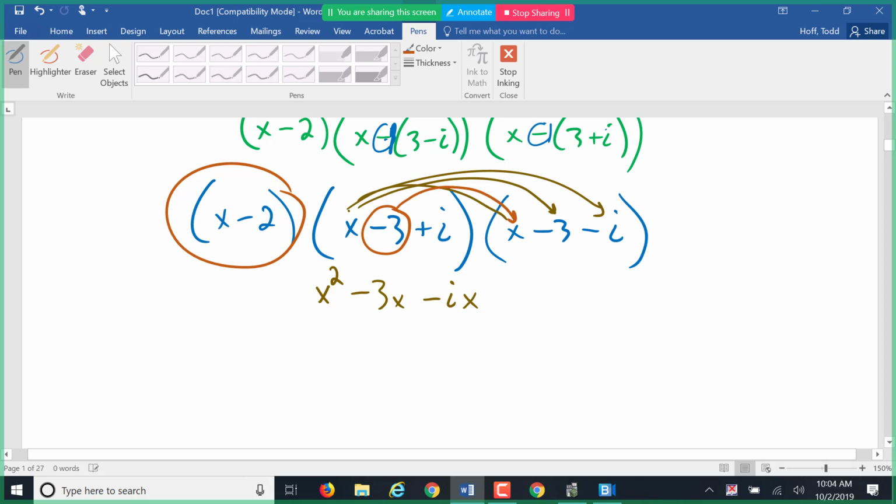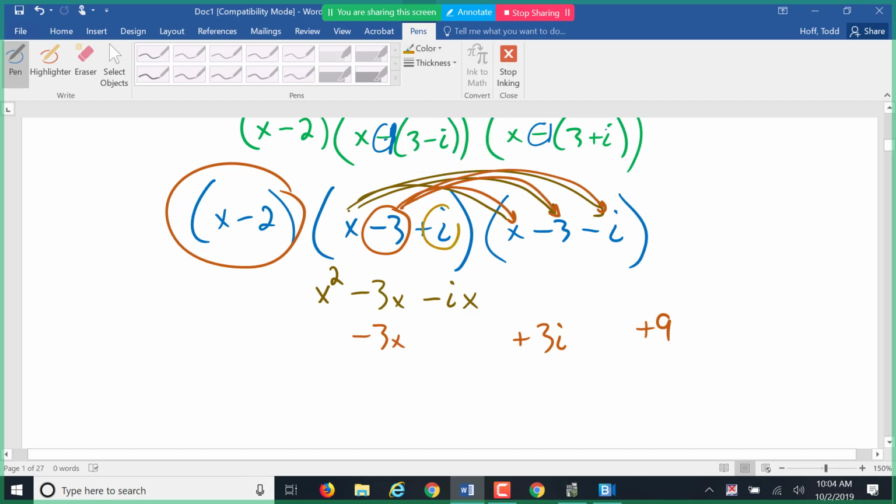Negative 3 times x, negative 3x. Negative 3 times negative 3 is a positive 9. I'm putting it off over there because that's going to be my constant. And negative 3 times negative i is a positive 3i. Notice I didn't put it under the ix because there's no x in it.